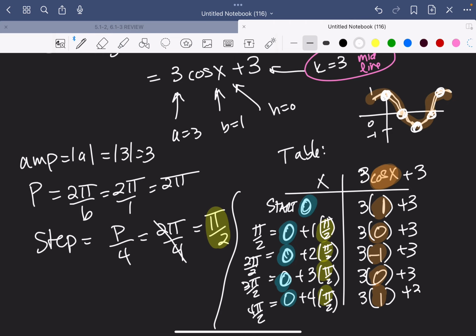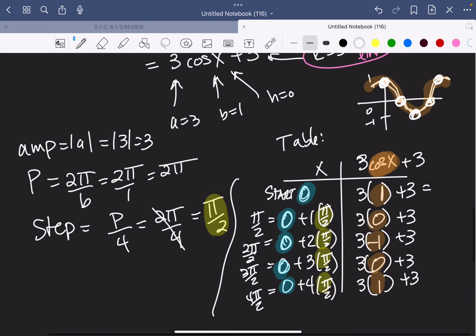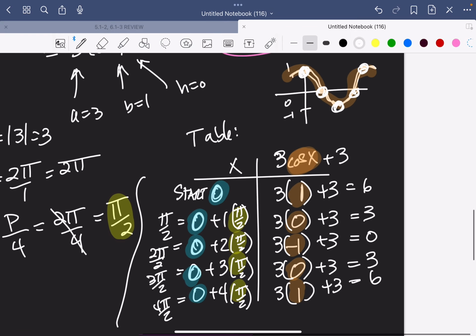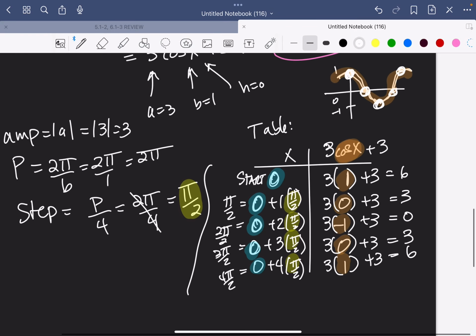Right? So algebraically, that's what's happening. So I get 6, 3, 0, 3, and 6. So why is that great? Because there's all your points. And let's see why that makes sense.